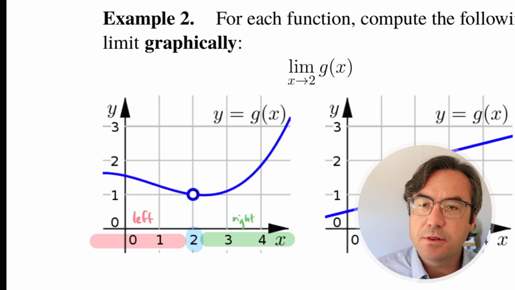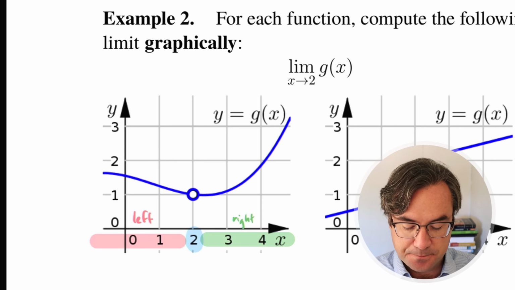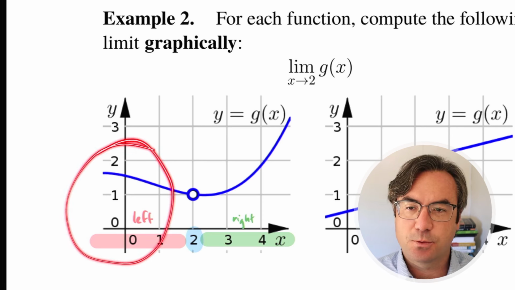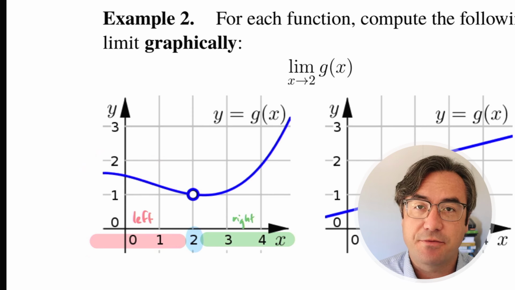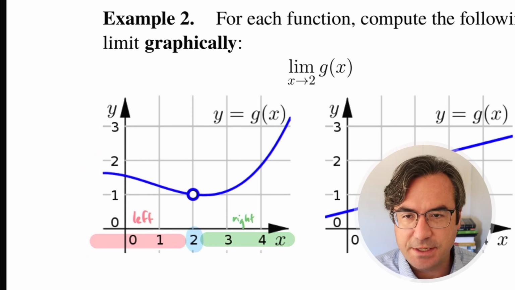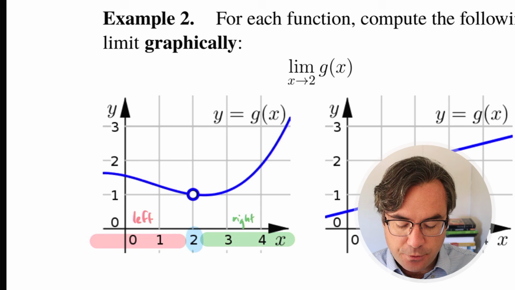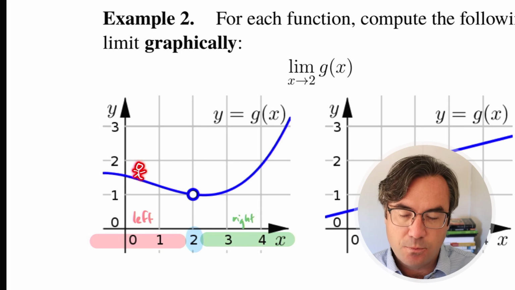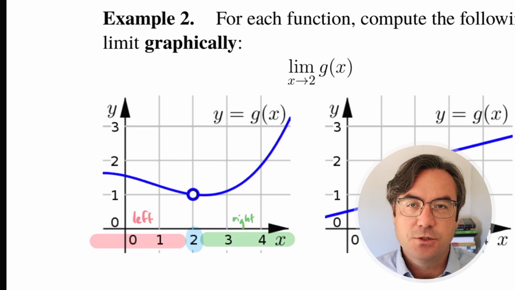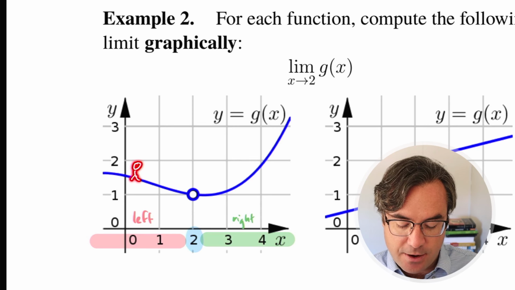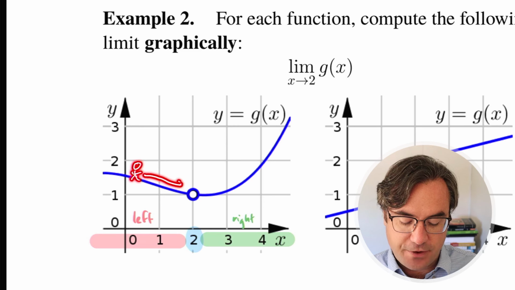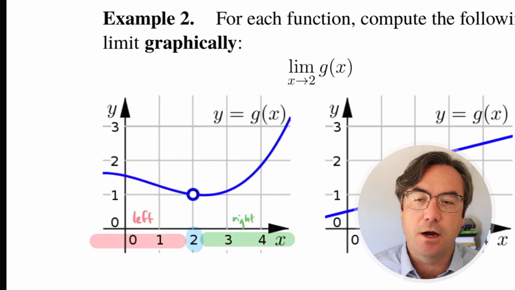Now the idea with a limit is, let's start with the left-hand side. We're going to investigate the left-hand side of our graph first. It doesn't matter; we could do the right side first. We're going to imagine that we're on the curve. We're a little person, and the curve is like a path that we're walking along.